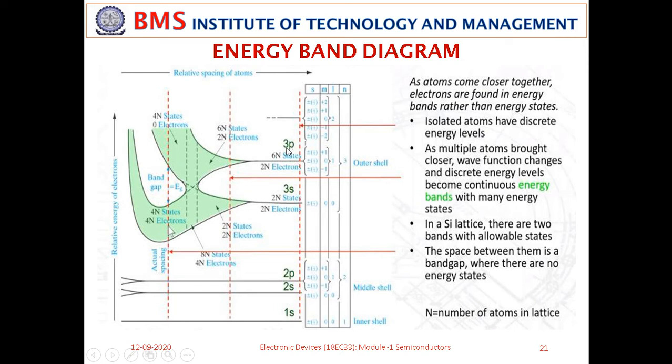This 3p shell is not completely filled with reference to the semiconductor. It is partially filled, since 4N states are vacant here and only 2N electrons are filled in these 6N states. The remaining are vacant. That means any electron from impurity or doping, you can fill into the remaining 4N states. So now we are analyzing when atoms are apart from each other, when they are far from each other.